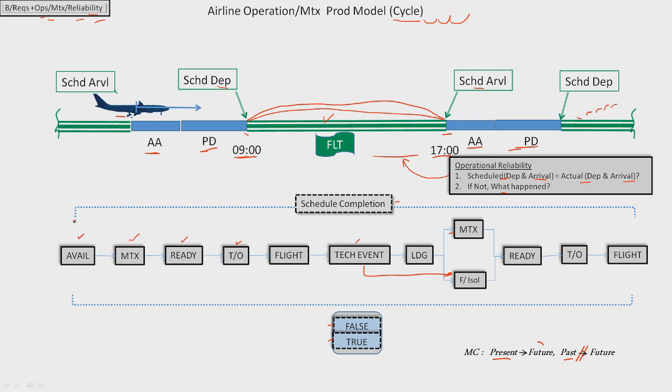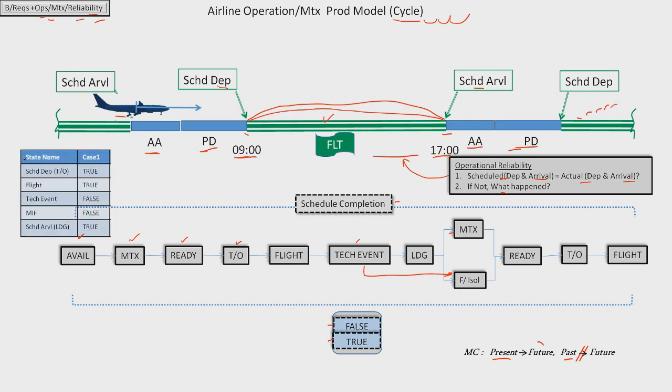Let me give you an example. I listed here different possible states. We have major states: scheduled departure, take off, flight, technical event, where we can have some technical problem, flight interruption, and scheduled arrival or landing.